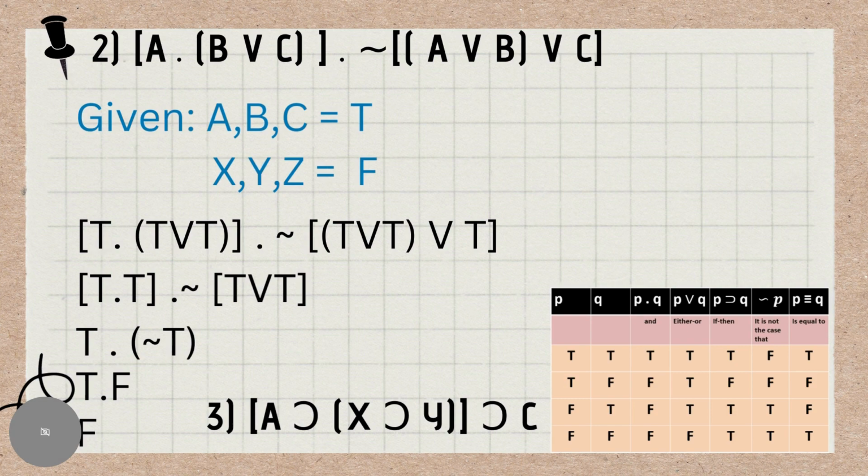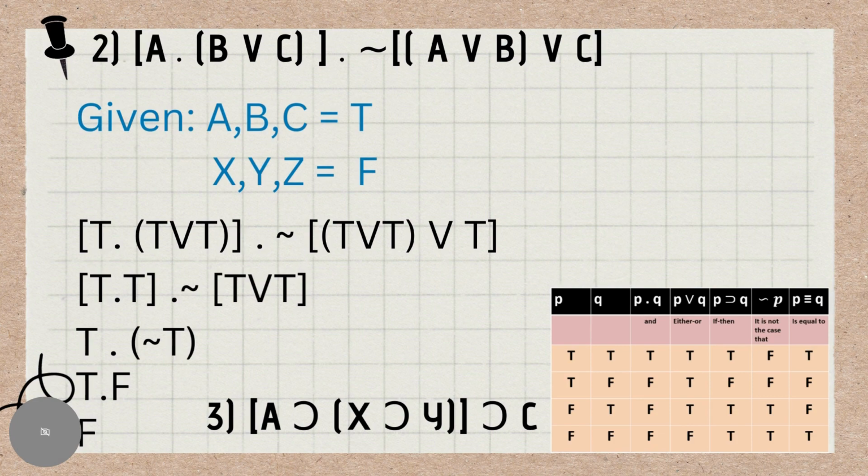The first step is to replace the values. In place of A, we replace T, B as T and C as T since its values are true, and dot negation A as T, B as T, and C also as T. So the first step is completed since we have replaced everything.